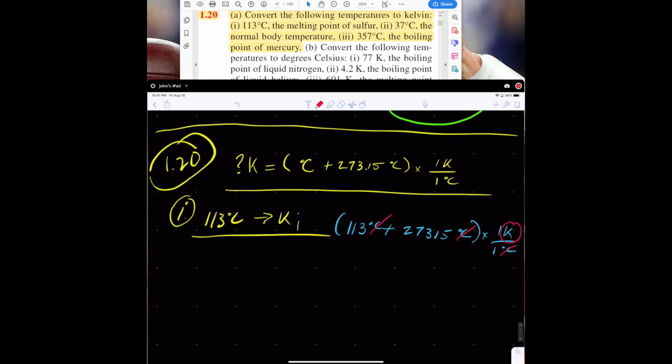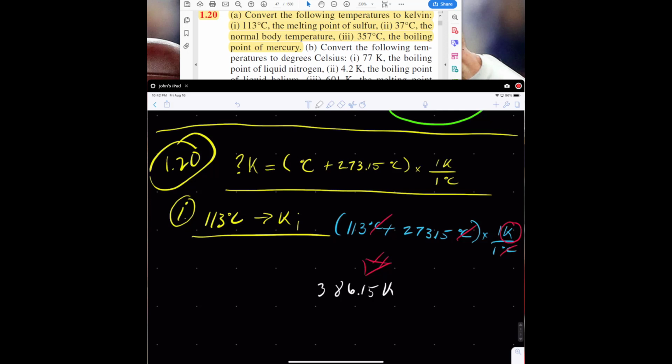What we're left with is the Kelvin. On the calculator, 113 plus 273.15 gives us 386.15, and then we multiply by 1 over 1, which we didn't really have to do. So it's going to give us a total of 386.15 Kelvin.